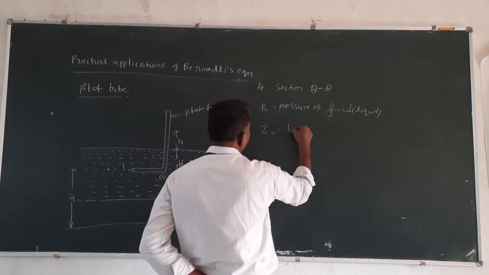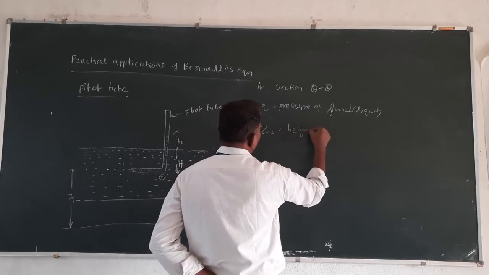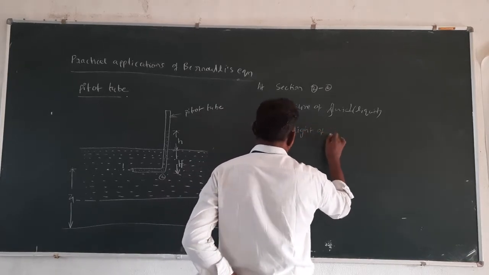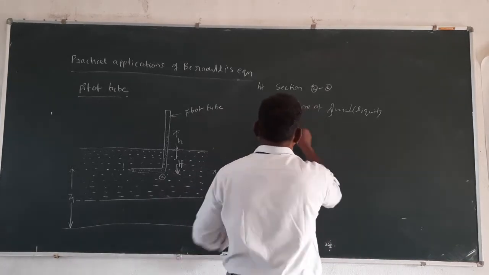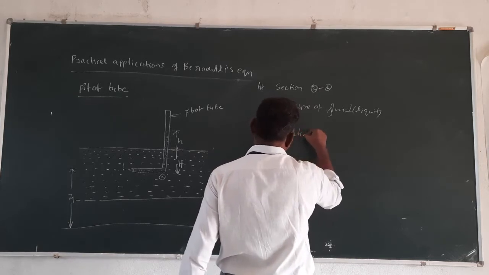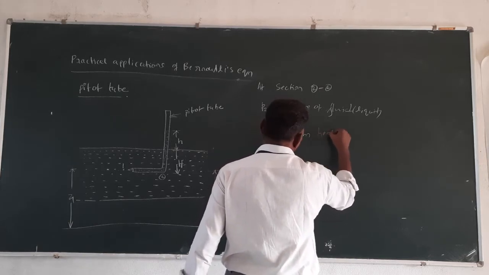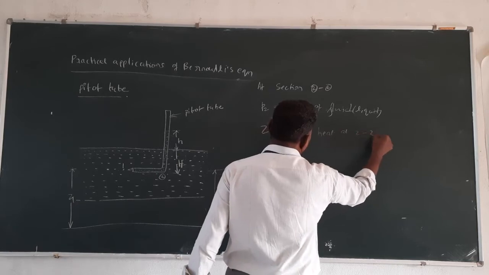Z2 is the height of column or simply datum head, at the total section.